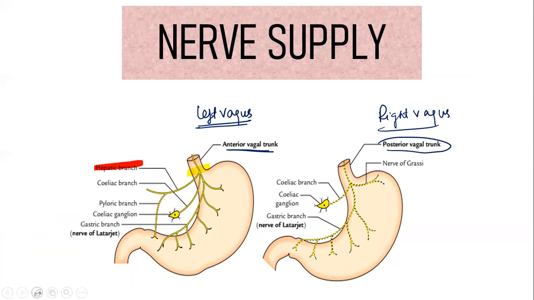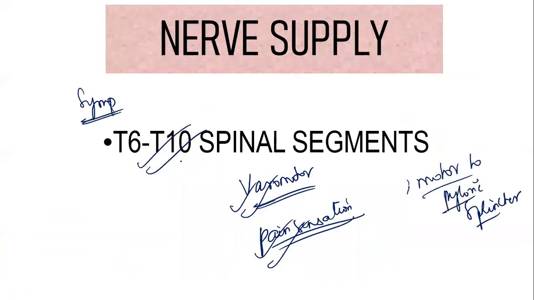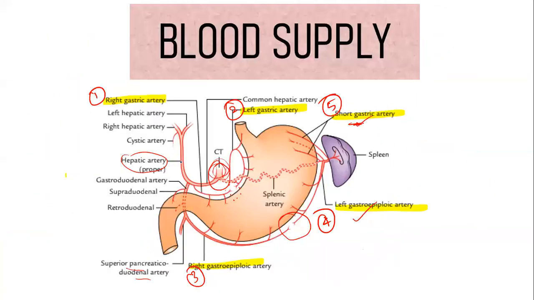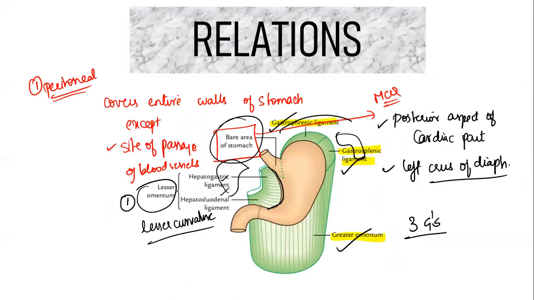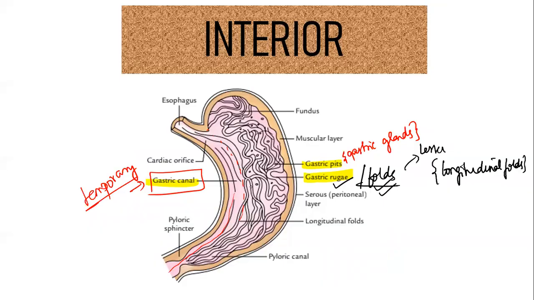The hepatic branch arises at the gastroesophageal junction. This is the lesser curvature, and a hepatic branch means it is going to get to the liver. So the nerve is going to go along the lesser omentum. You all know when we spoke about the peritoneum, along the lesser curvature you had only one peritoneal relation, that is your lesser omentum, extending from the stomach to the liver.